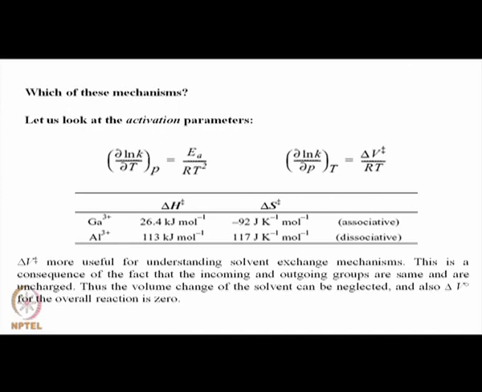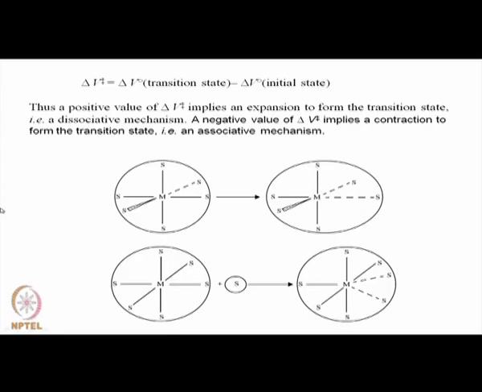So, delta V is also more useful for understanding the solvent exchange mechanism. This is a consequence of the fact that the incoming and outgoing groups are same and are unchanged. Thus, volume change of solvent can be neglected, and also delta V 0 for the overall reaction is 0, but in some cases that may also change. So, delta V double dagger is the volume of the transition state minus the volume of the initial state.